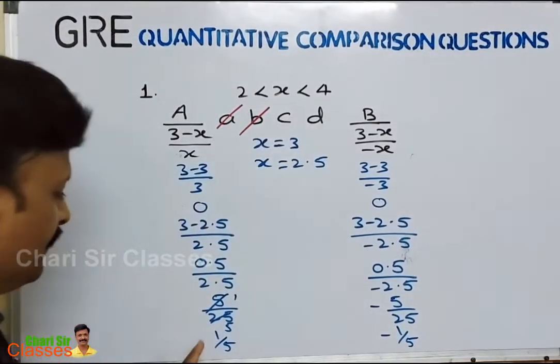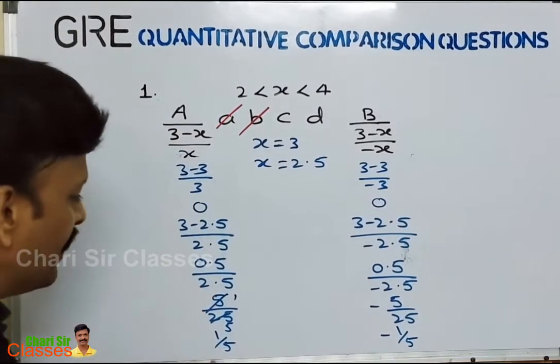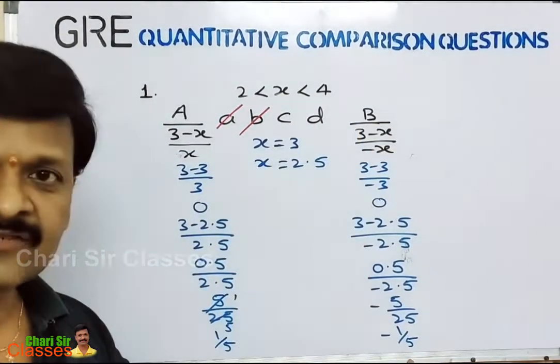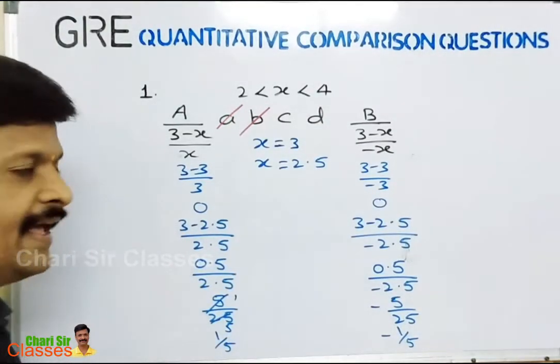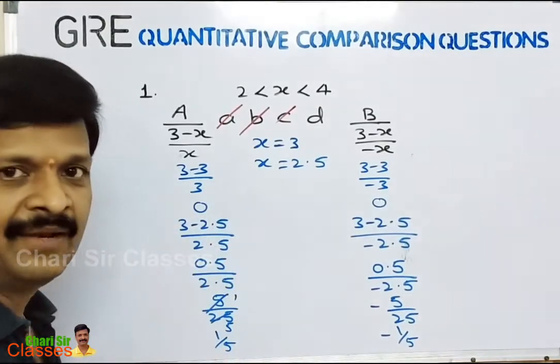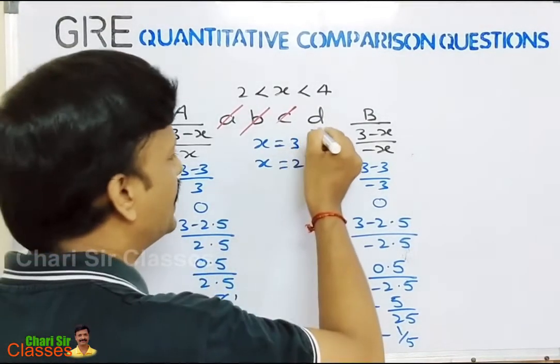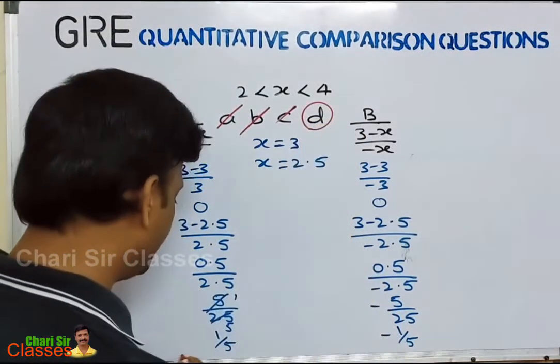Now you can see quantity A is 1 by 5 and quantity B is minus 1 by 5. Are they equal? Definitely they are not equal, so you can eliminate C. Now you can select D. So D is our answer.